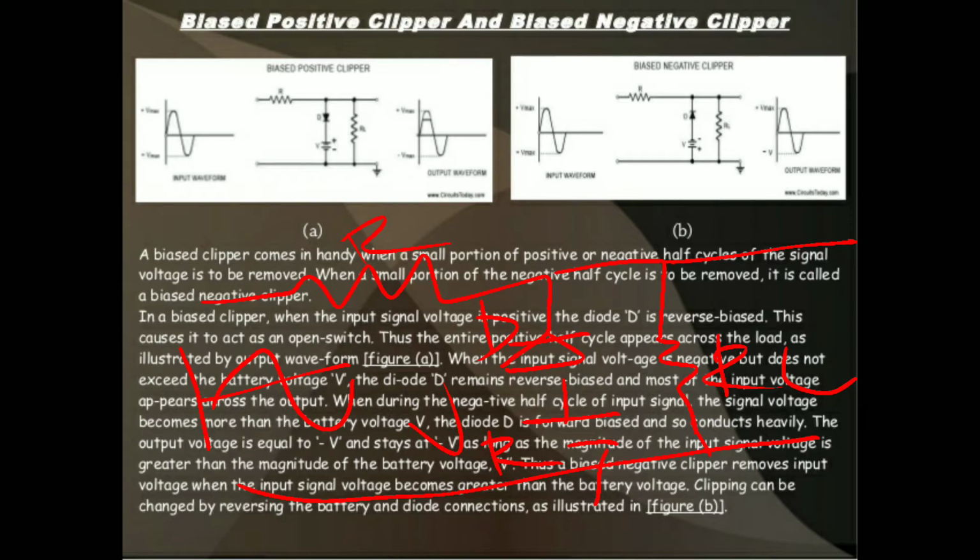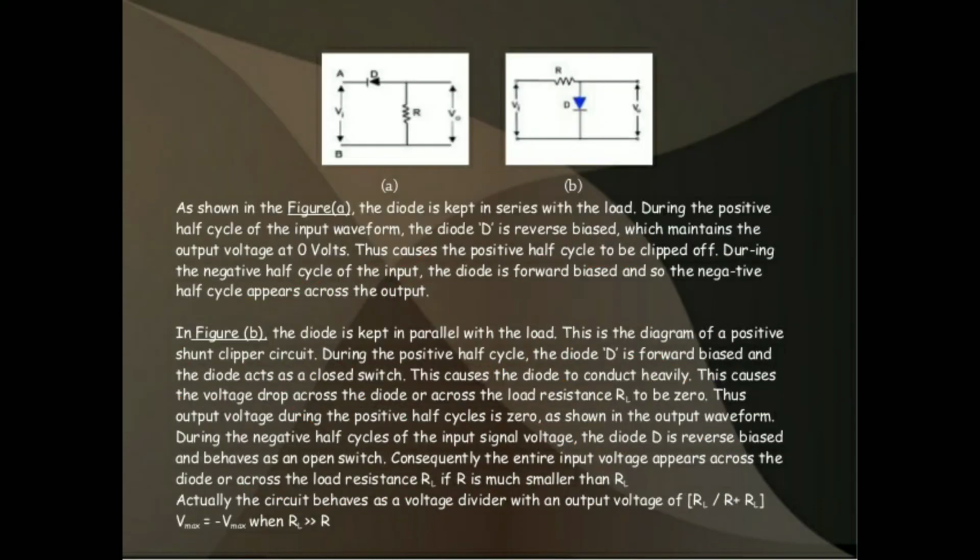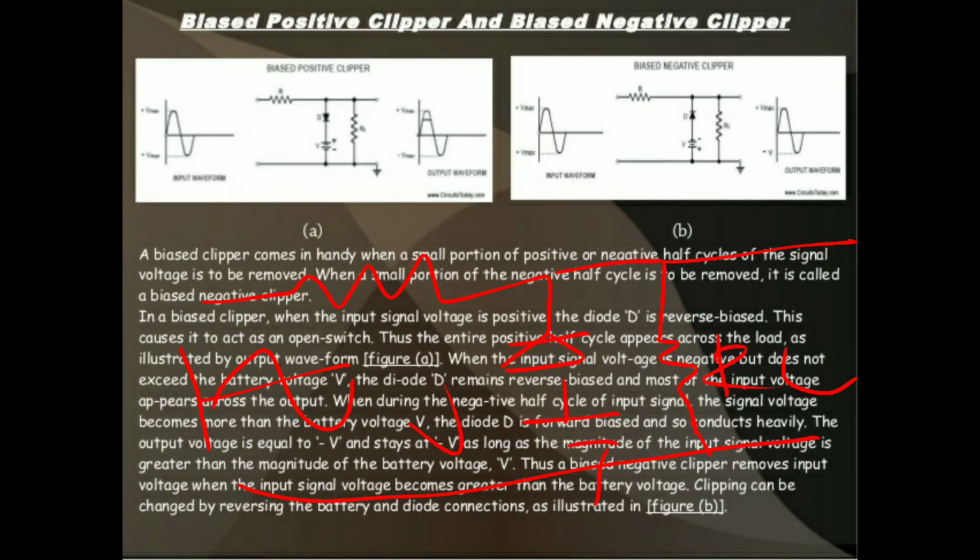Here our unit name is non-linear wave shaping. Non-linear wave shaping means that for a linear network we are applying a sinusoidal input, but we are getting a non-sinusoidal output, either positive or negative signals.